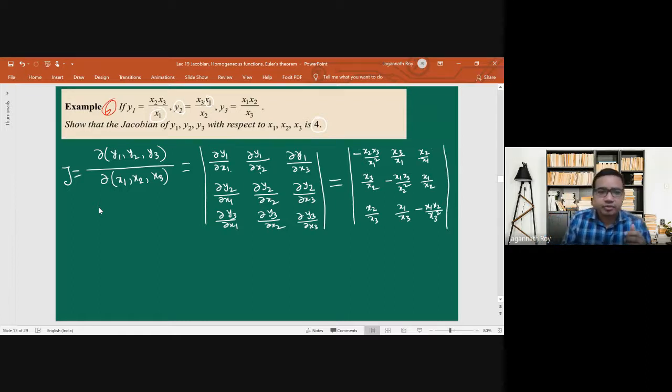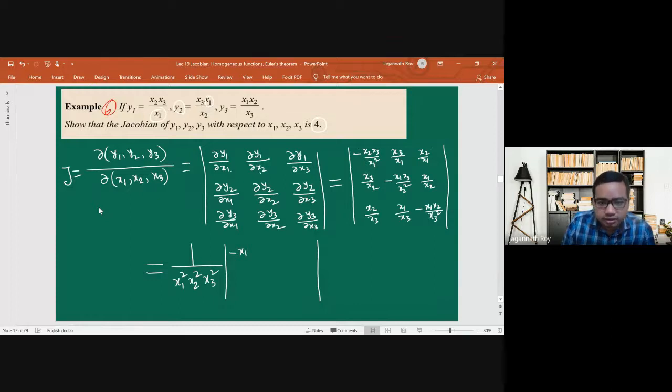Okay. So in the next line, we have to take x1 square, x2 square, and x3 square common. So this one will become minus x2 x3. Then this will become x1 x3. Next one will become x1 x2.